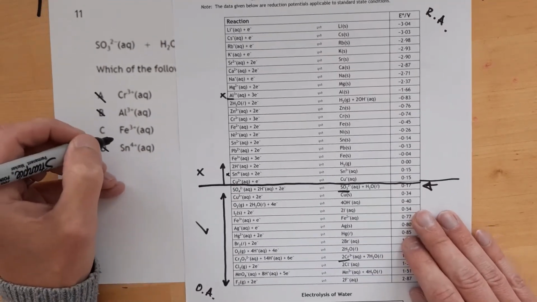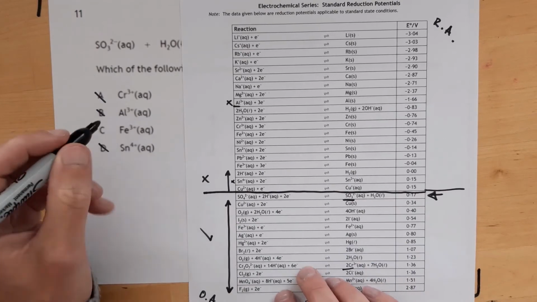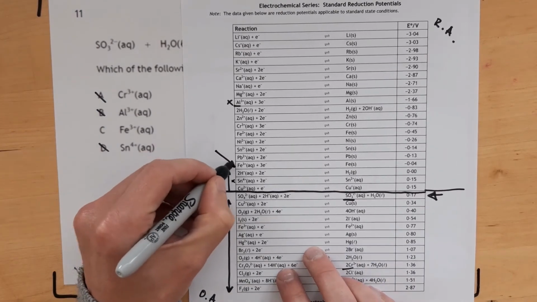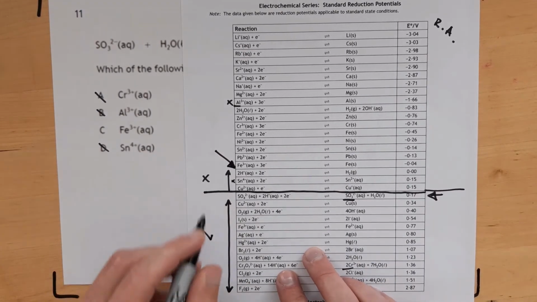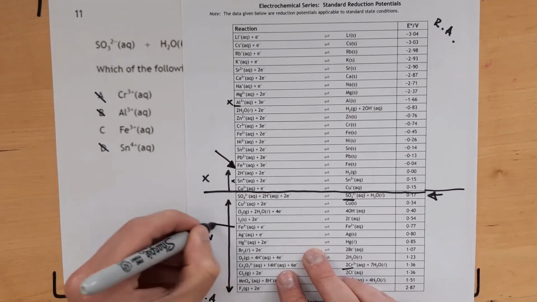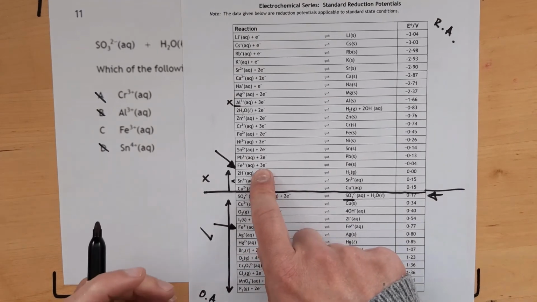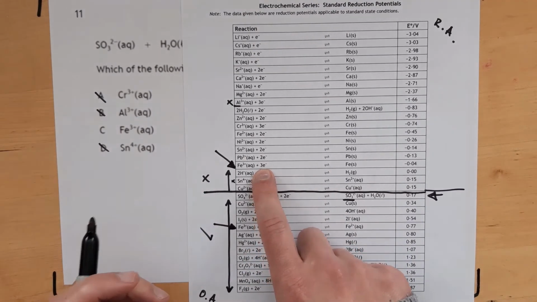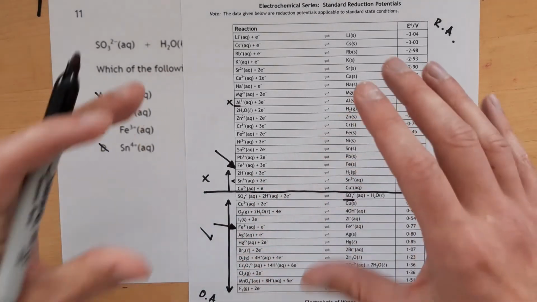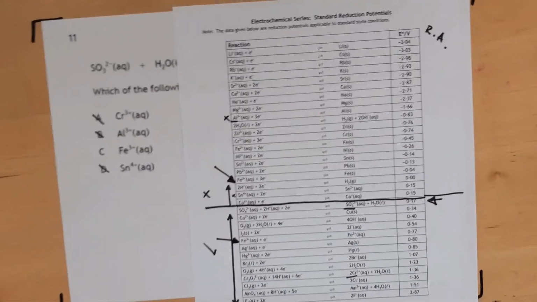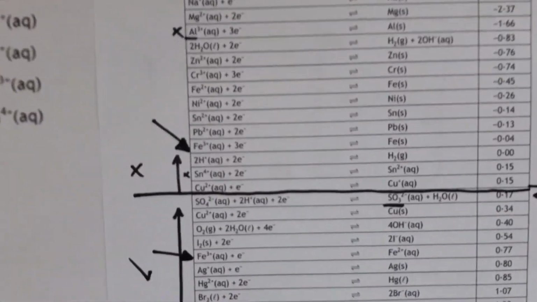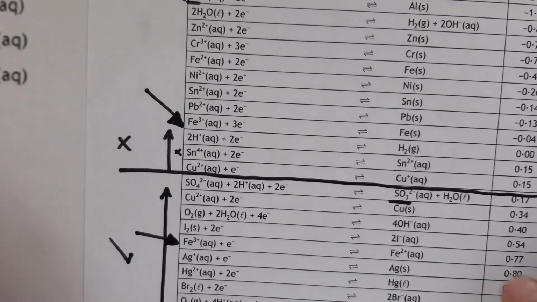Now the Fe3+, you may notice that we have Fe3+ here, but we also have Fe3+ here. I know it's really difficult for you to see, and I can't zoom it any more without losing the whole thing. Well, maybe I can. Okay.